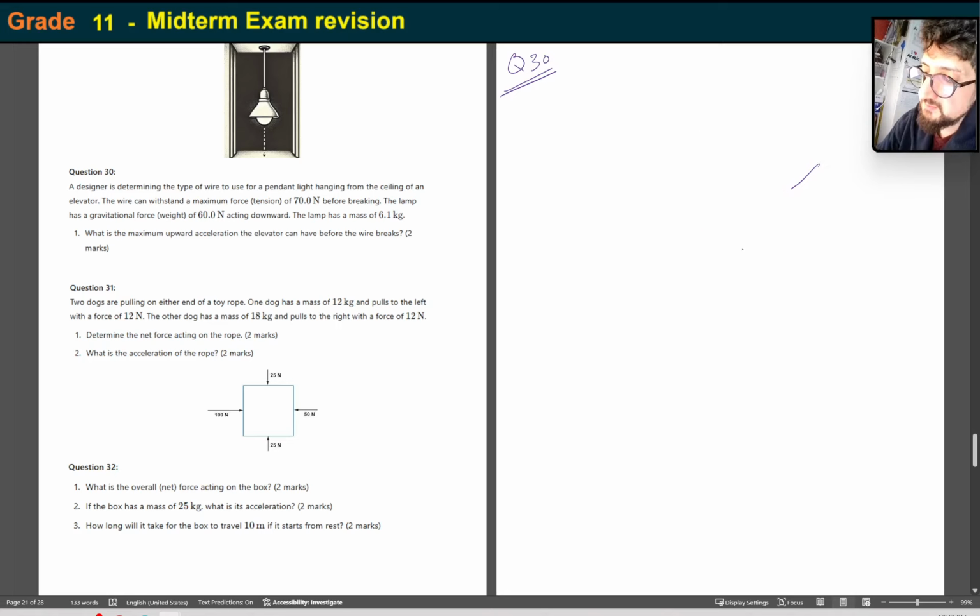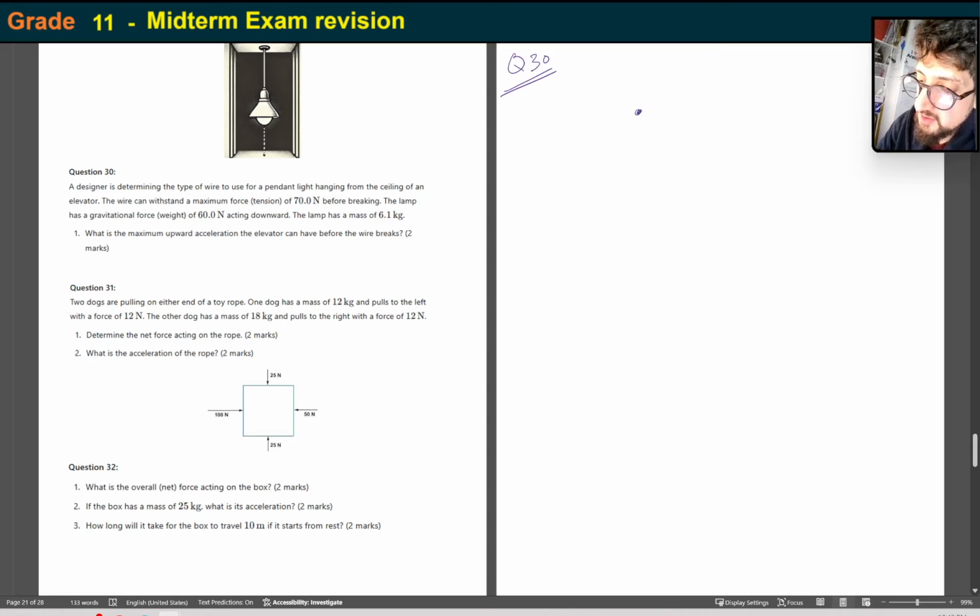Now this is very much the same concept we have over here. We have an elevator, and there is a wire inside the elevator holding the light bulb. If I accelerate upwards too fast, the tension is going to break the wire because it can only withstand 70 newtons.